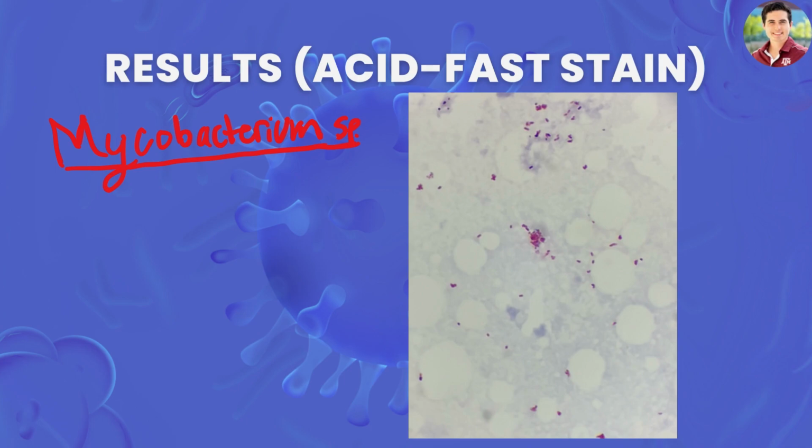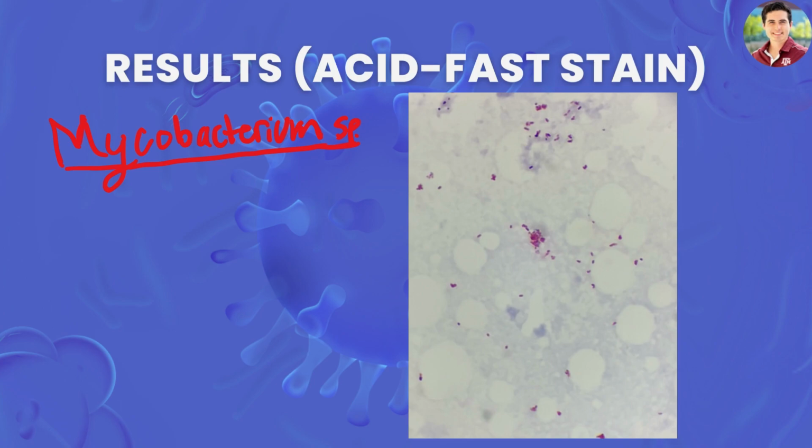Then we performed our acid fast stain on a slide of Mycobacterium species. Here, this is a positive acid fast reaction because Mycobacterium species are acid fast, which means they resist the decolorization with acid alcohol during the staining process, and as a result, the acid fast bacteria retain the primary stain, which is carbol fuchsin, and appear bright red or pink under the microscope, as we can see here that our bacteria is that bright pink.